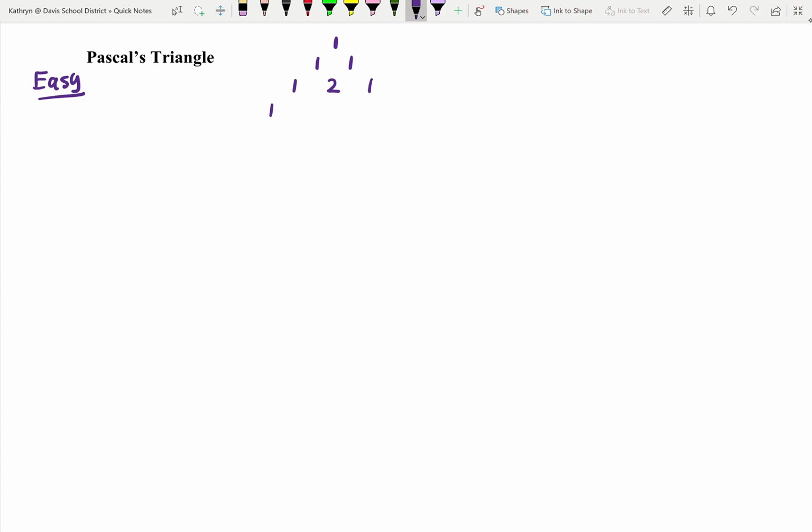Then do the same thing again. So start with a 1. 2 plus 1 is a 3. So right in that little window you put a 3. 2 plus 1 is a 3, and then you have a 1. Next one, 1, you tell me what to put. 4, 6, 4, and 1. Next one. We're going to go for quite a while, so keep writing. 1.